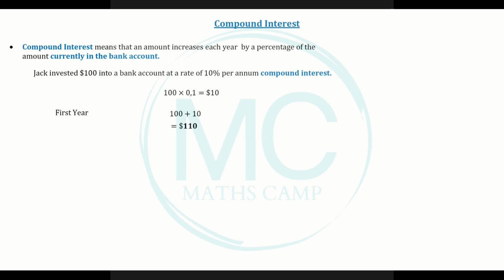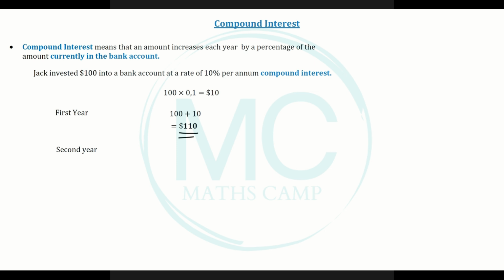This amount is the same as Jack had after 1 year using simple interest, but from here, the amounts will change.